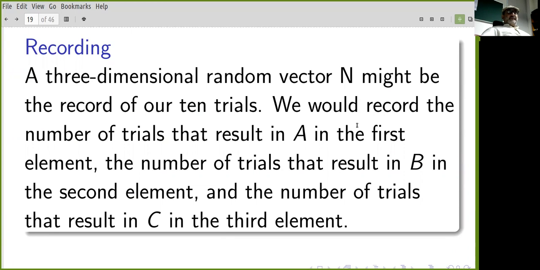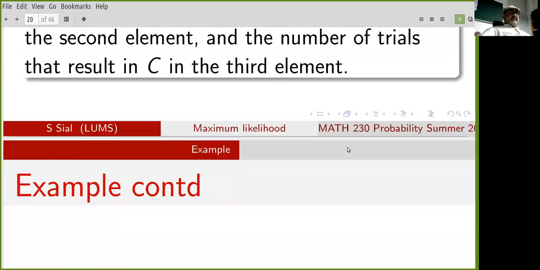The first element in that vector would be how many trials resulted in A, the second element how many resulted in B, and the third element the number of trials that resulted in C.